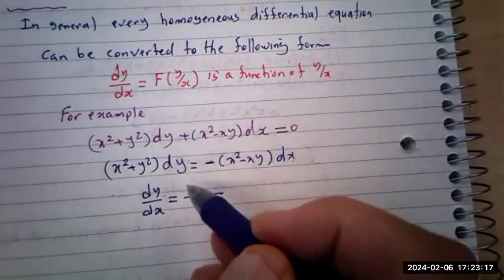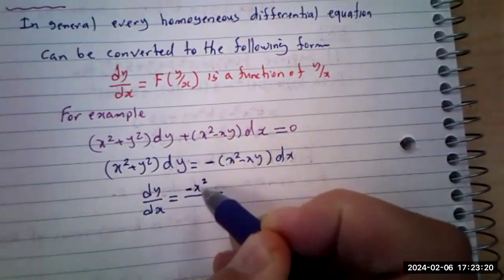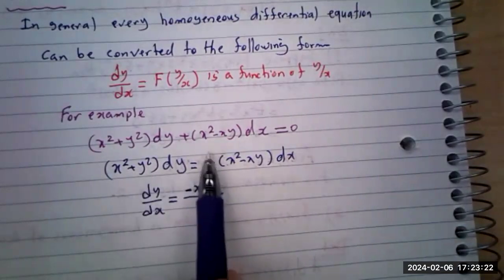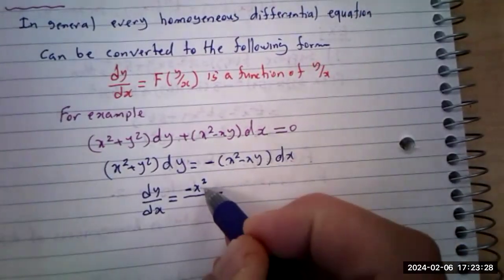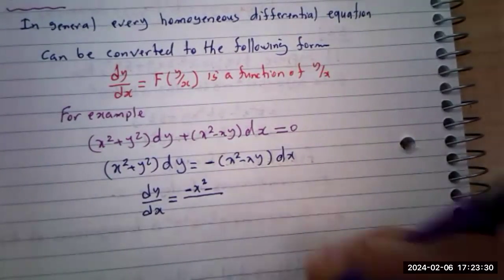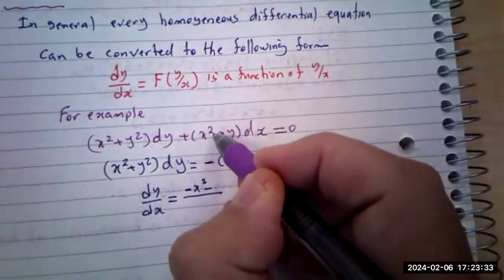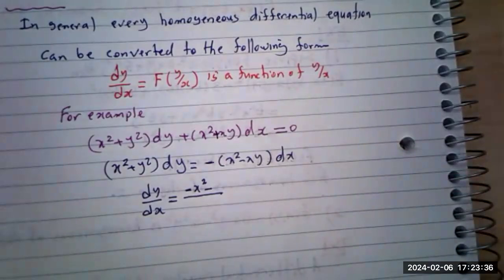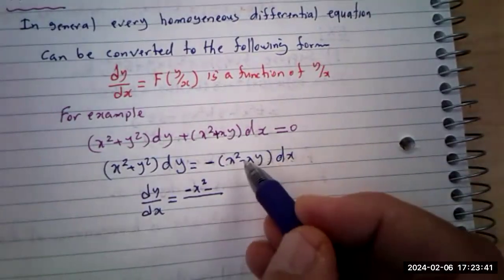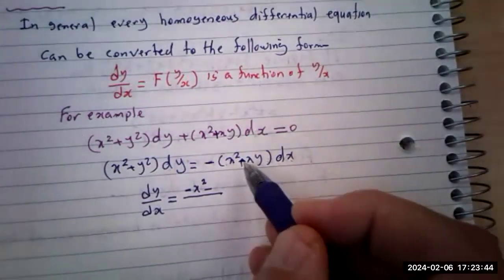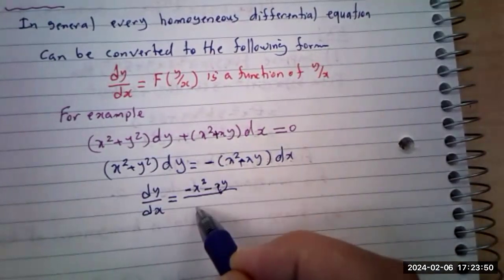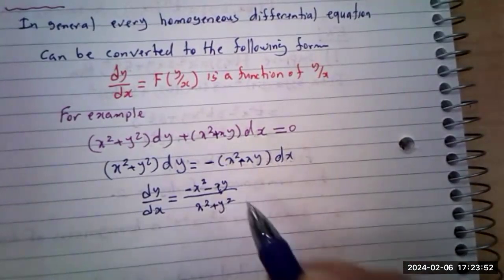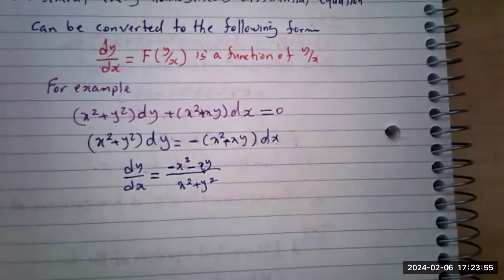On the top, we get negative x squared minus xy, divided by what? x squared plus y squared. Let's cross multiply to get that one.